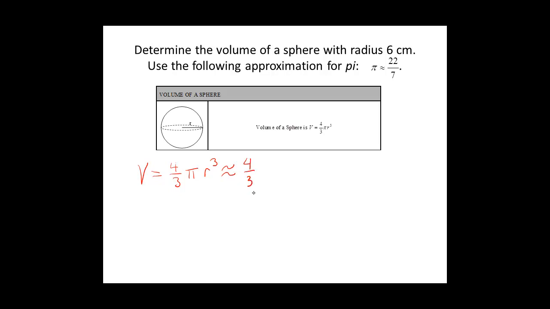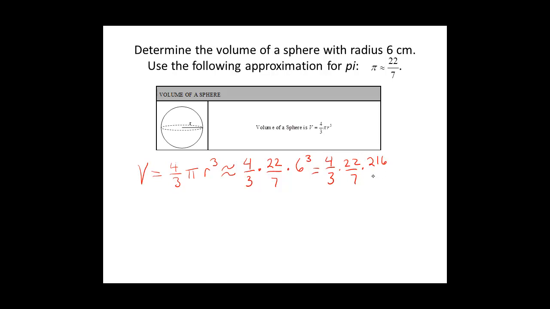4/3. We will replace pi with 22/7. And r is 6, so 6 cubed. So we'll do our order of operations first. We'll find out what 6 cubed is equal to. 6 cubed is equal to 216.